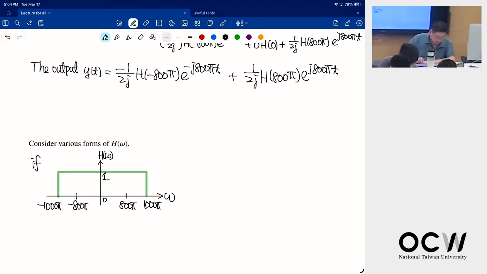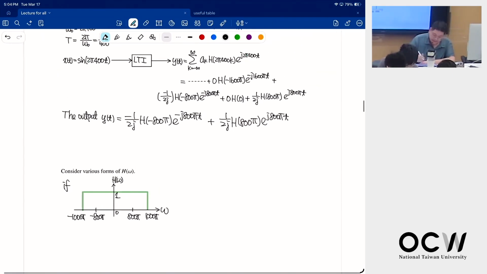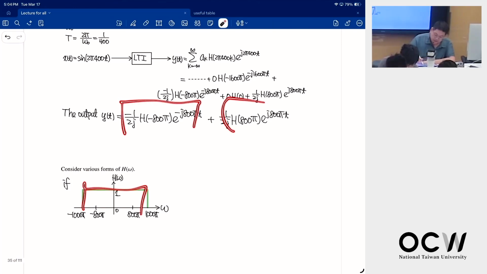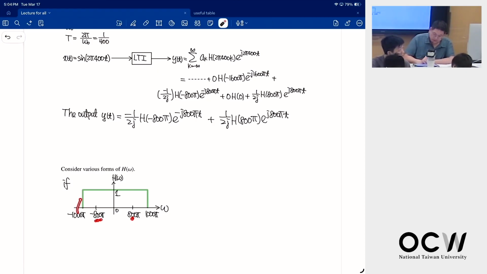So in this case, let's see the output. This H is a filter, right? It includes minus 800 pi and 800 pi, so this one is 1 and here is 1.